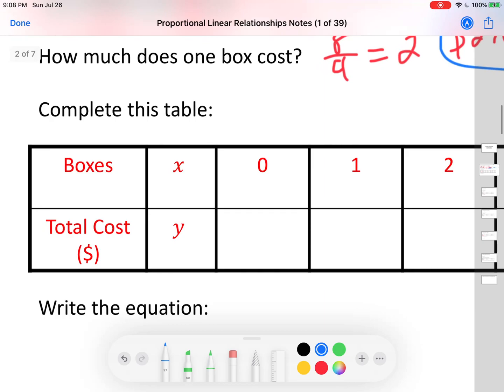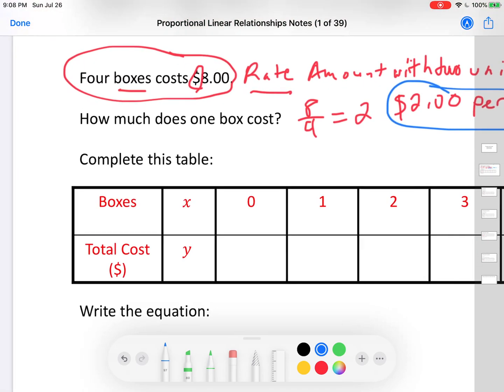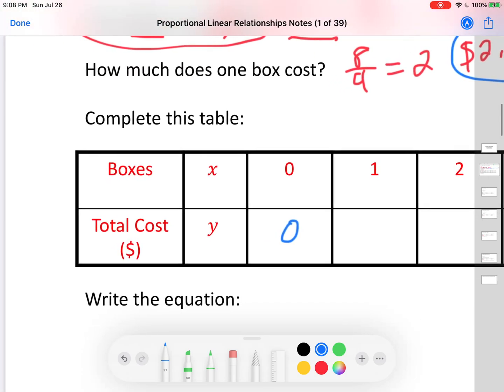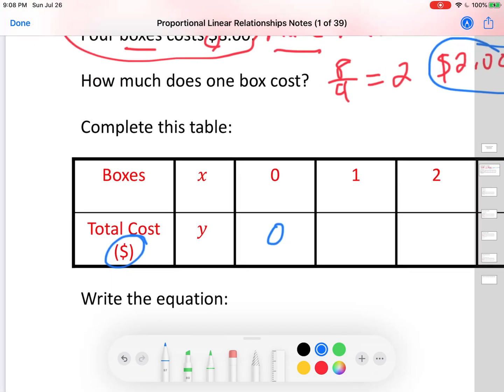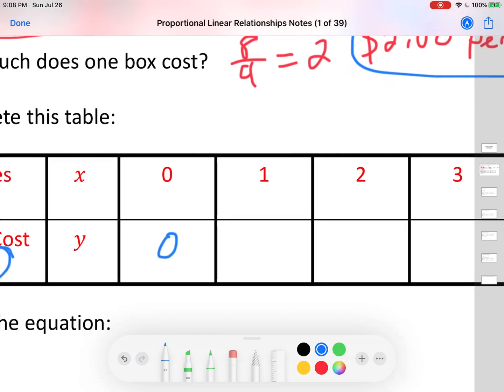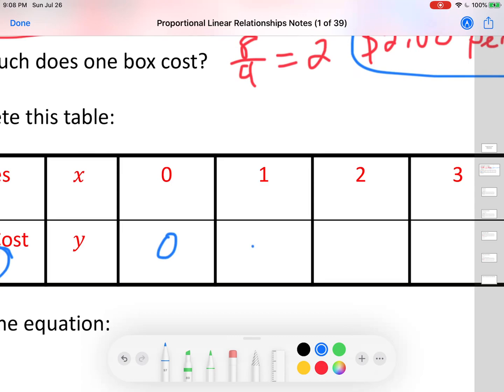Well, every box costs $2. So 0 boxes cost $0. I don't have to put the dollar sign because it's already there in the table. I'll talk about these being x and y in a moment. 1 times 2 is 2. Another box, you have 2 boxes, so that would be 2 plus 2 is $4.